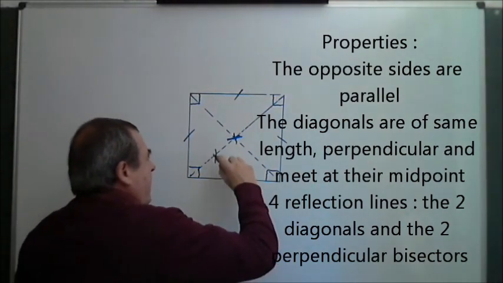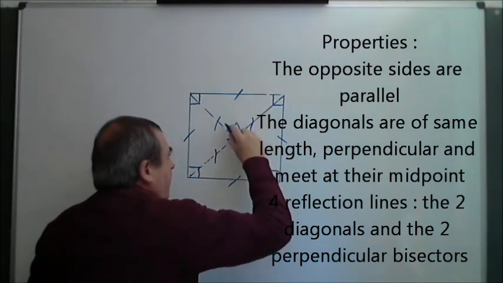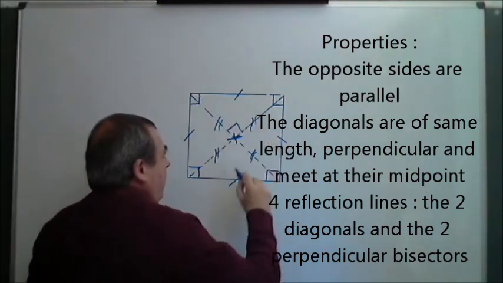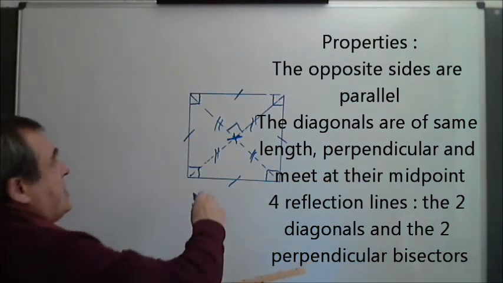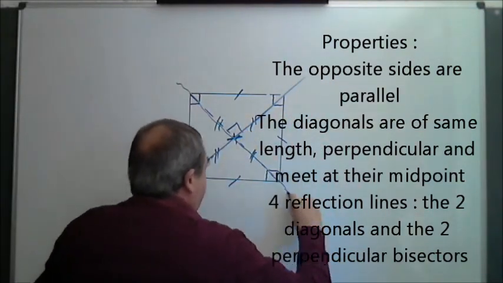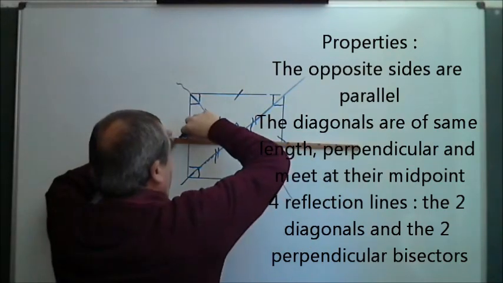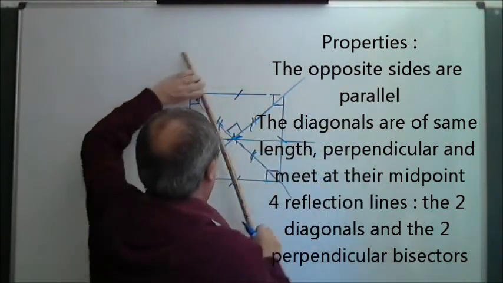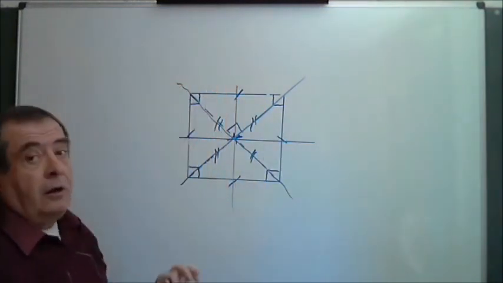They have the same length, of course, and they are perpendicular. Each diagonal is a reflection line, but also the perpendicular bisector. And so you find four reflection lines.